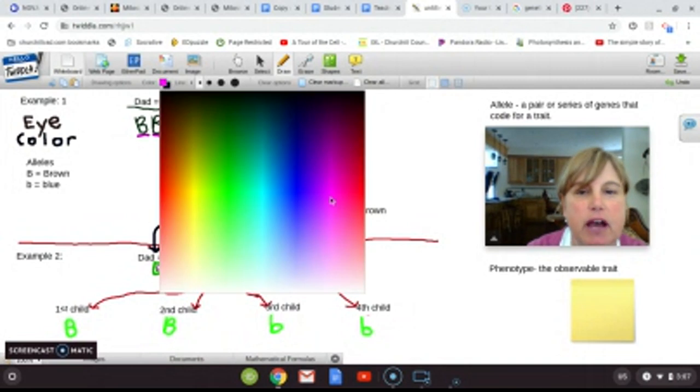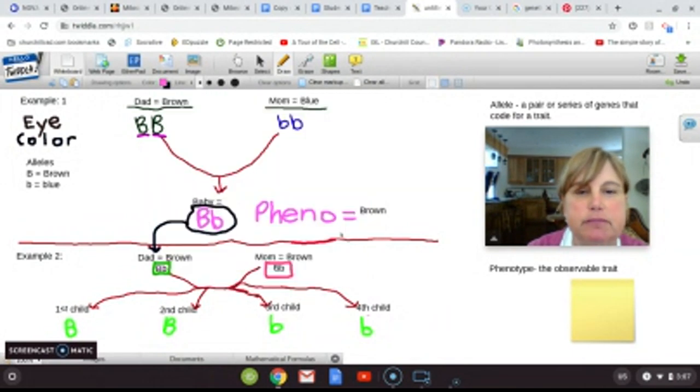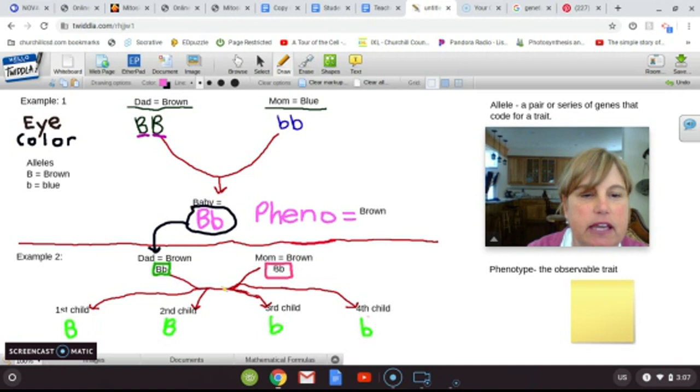So we're looking at the variety. Mom is going to donate a capital B to the first. Then she's going to donate a lowercase b to the second child. Then she's going to donate a capital B to the third child.